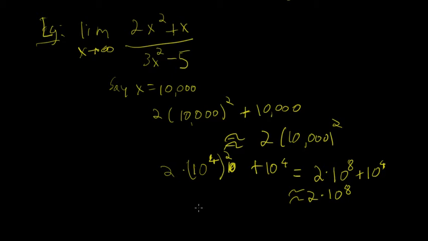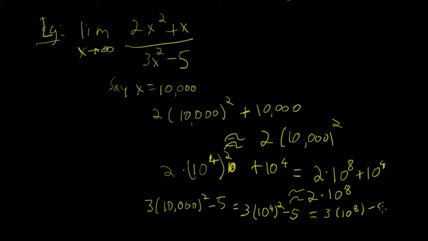And in the denominator, you'll have this 3x squared. So say x is 10,000, you'll have 3 times 10,000 squared minus 5. Well, that's going to be 3 times 10 to the 4th squared minus 5, which is 3 times 10 to the 8th minus 5.